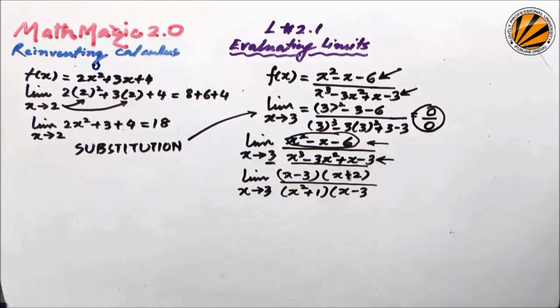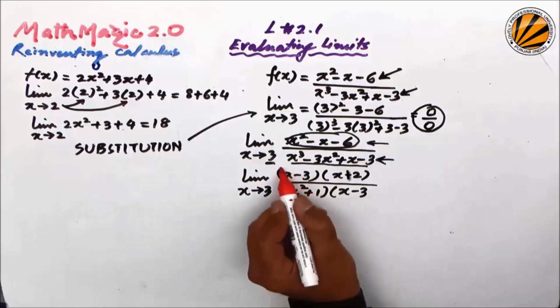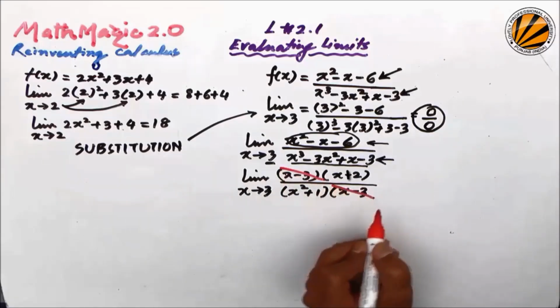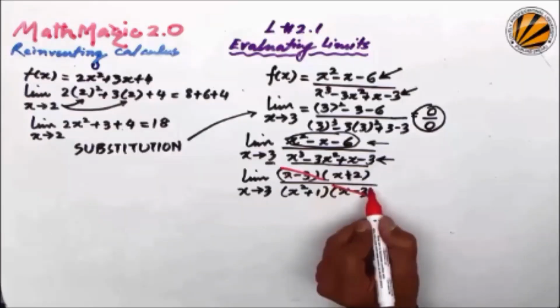I can very well look at this and see that these two values can be cancelled. In this example, we are cancelling x minus 3 from both numerator and denominator because when x is approaching 3, it is actually creating a problem for us.